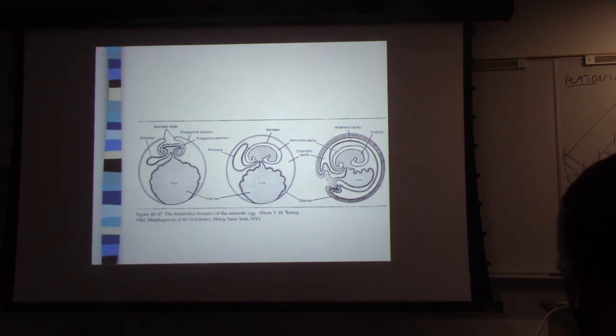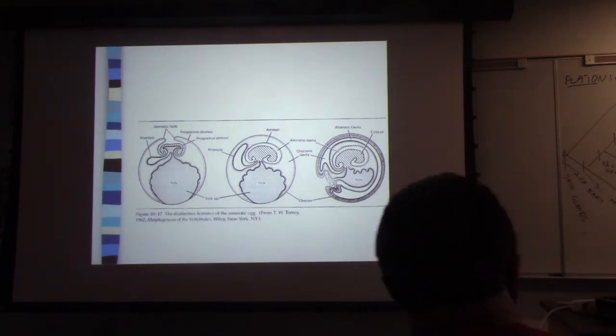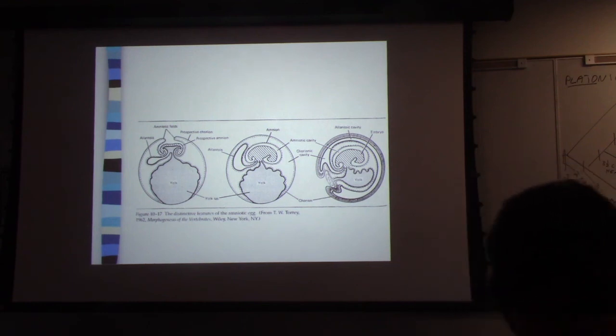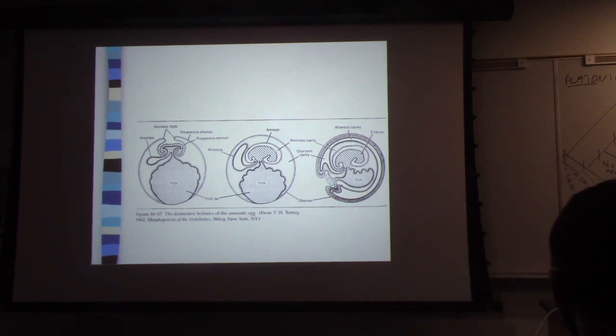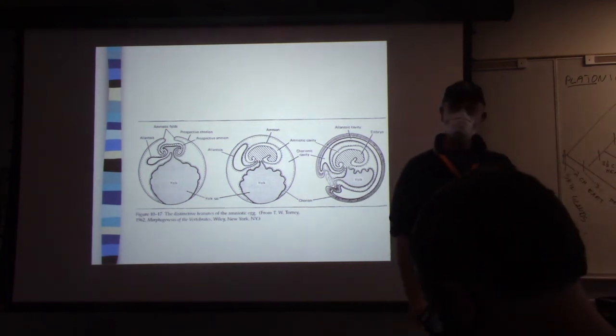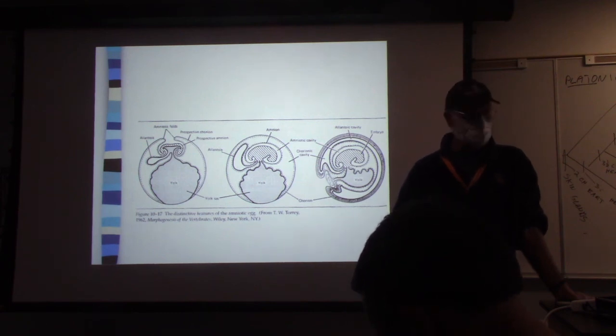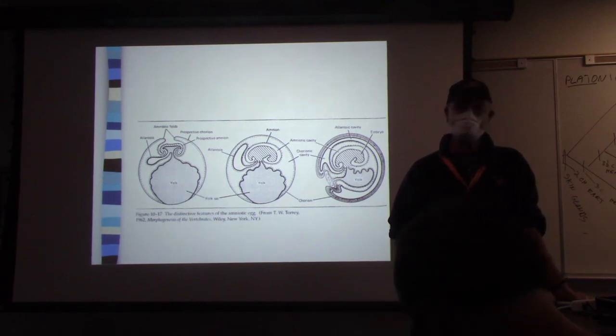In mammals, it looks like this. What's the difference? There's more surface area in mammals. So the exchange of oxygen, of gases, of nutrients across that placental interface is much more extensive in mammals than it is in reptiles.